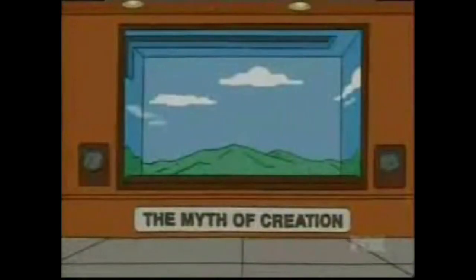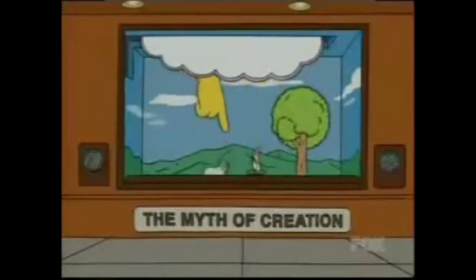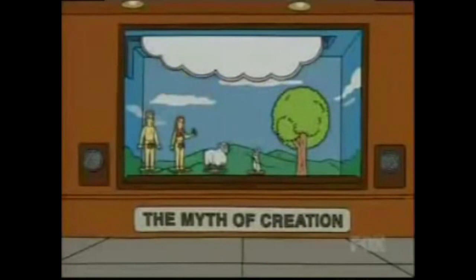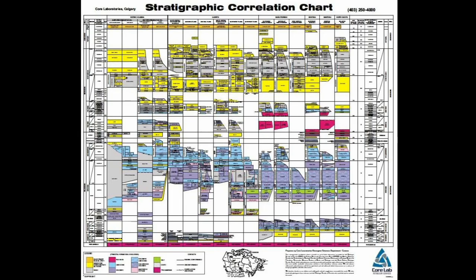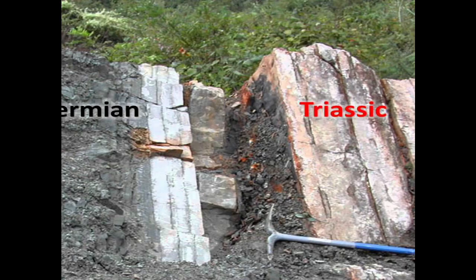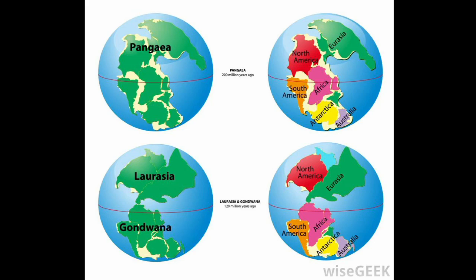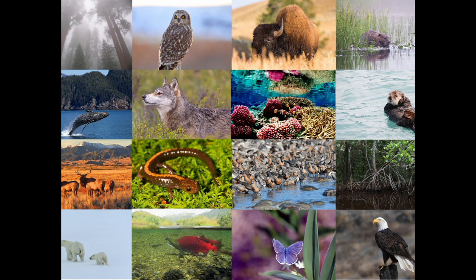As we all know, young Earth creationism requires a spontaneous creation event some 6,000 years ago, as well as a global flood event some 4,400 years ago that is responsible for all layers of the geologic column from the Cambrian to the Cretaceous, as well as their fossils, every impact event or mass extinction signature within said layers, the current positioning of the continents, the state of decay of all radioactive elements, and finally, the various levels of diversity for all extant life.